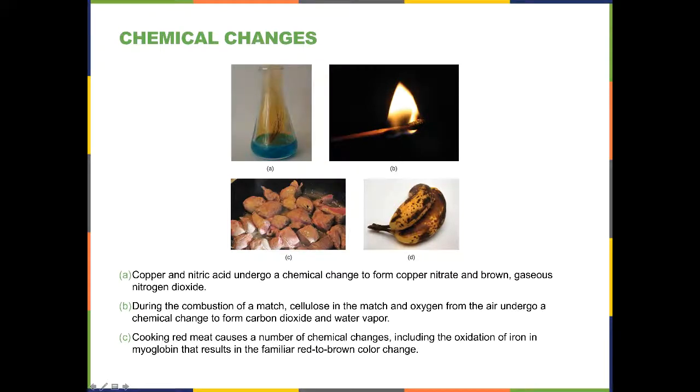This is an example of red meat that's being cooked, and when it's being cooked, the iron in the myoglobin oxidizes and turns brown. And then lastly, a banana turns brown because there's a chemical change in the chemicals in the skin of a banana that make it turn brown and cause it to look like this.